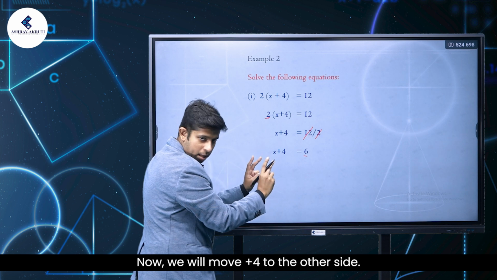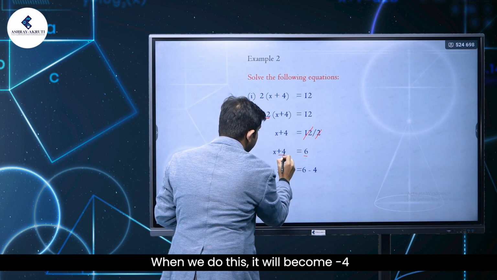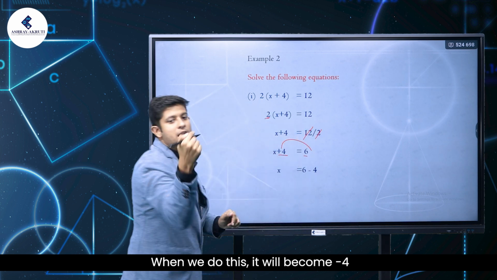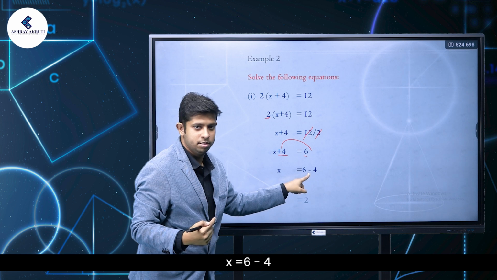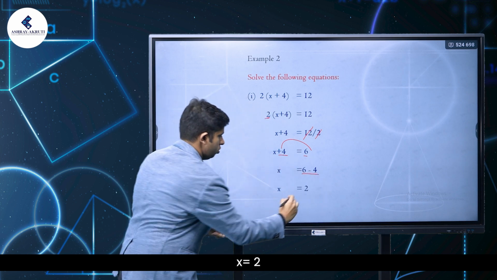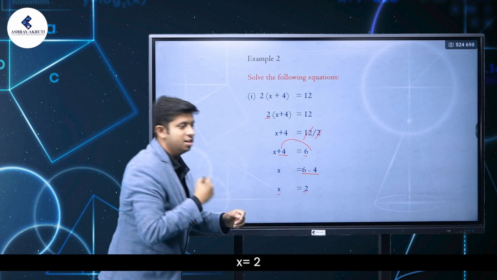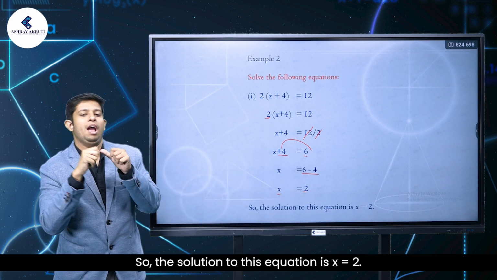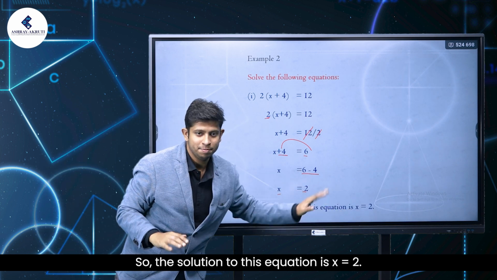And now we will move +4 to the other side. When we do this, it will become -4. x = 6 - 4, x = 2. So the solution to this equation is x = 2.